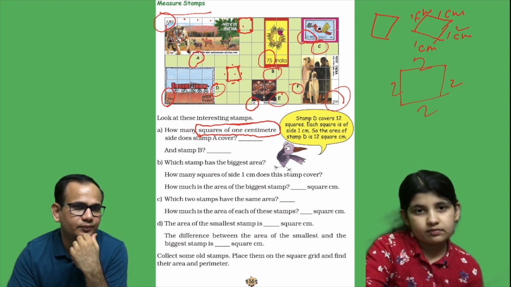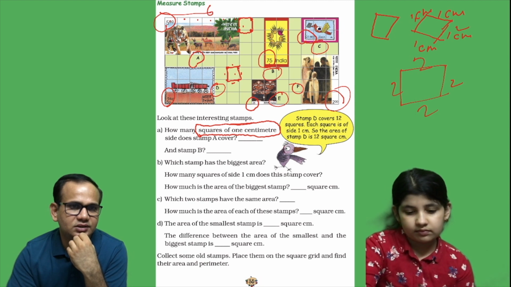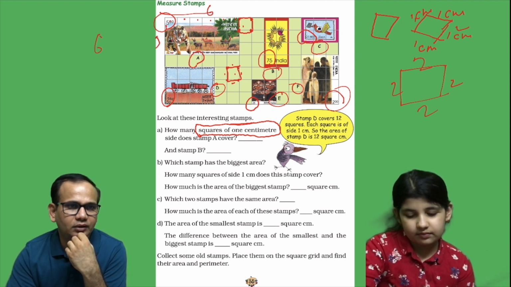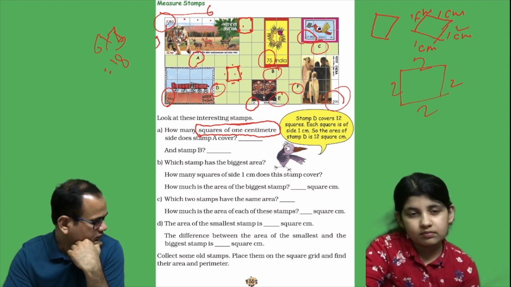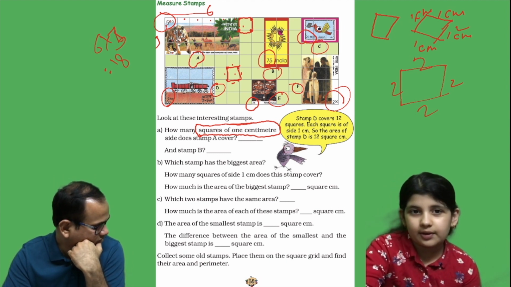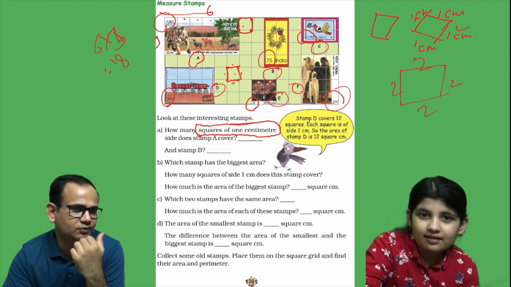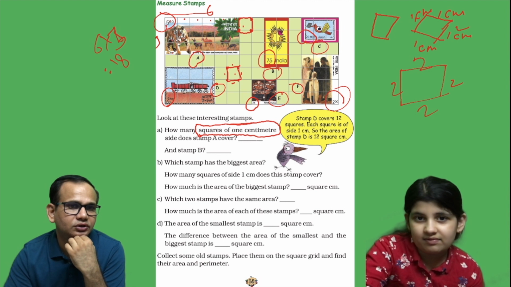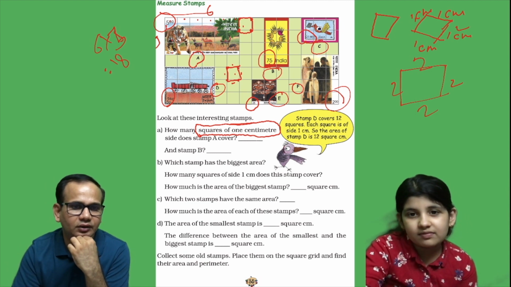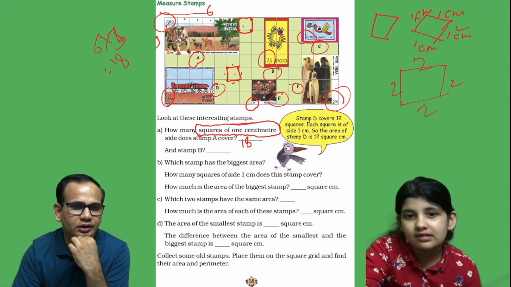You multiply 6 into 3, you will get 18. So 18 is the answer. You counted all the numbers, right? So can we write here 18? Yes. How many squares? 18.